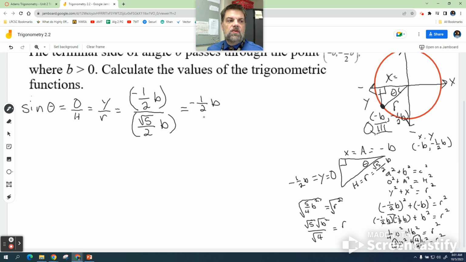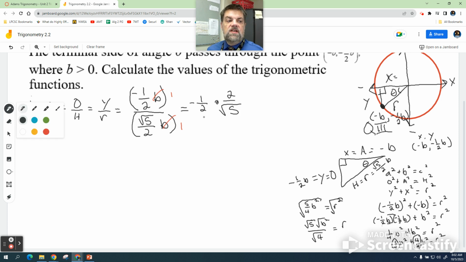Oh, you know what though? Don't the b's cancel, right? Isn't b divided by b just 1? So what I end up with is negative 1/2 times the reciprocal of this stuff, which is 2 over the square root of 5.